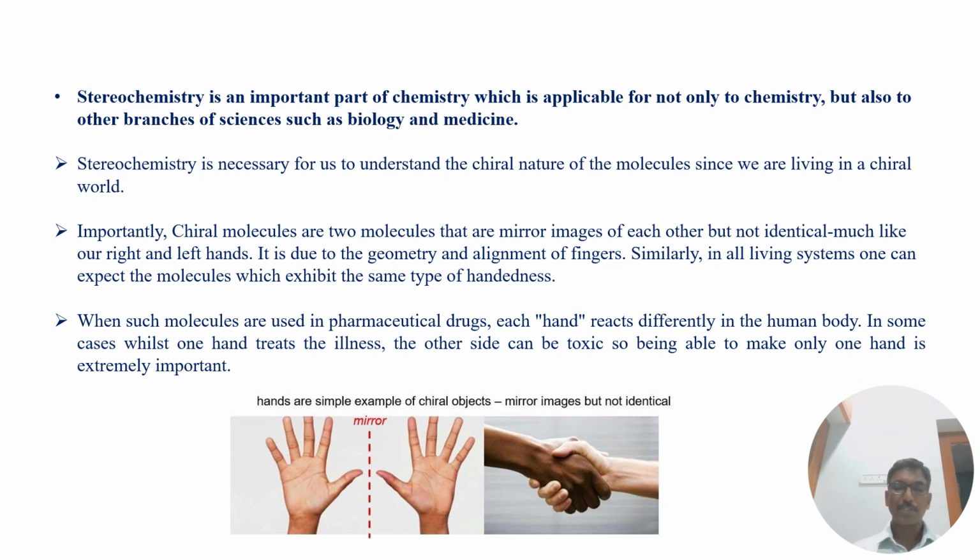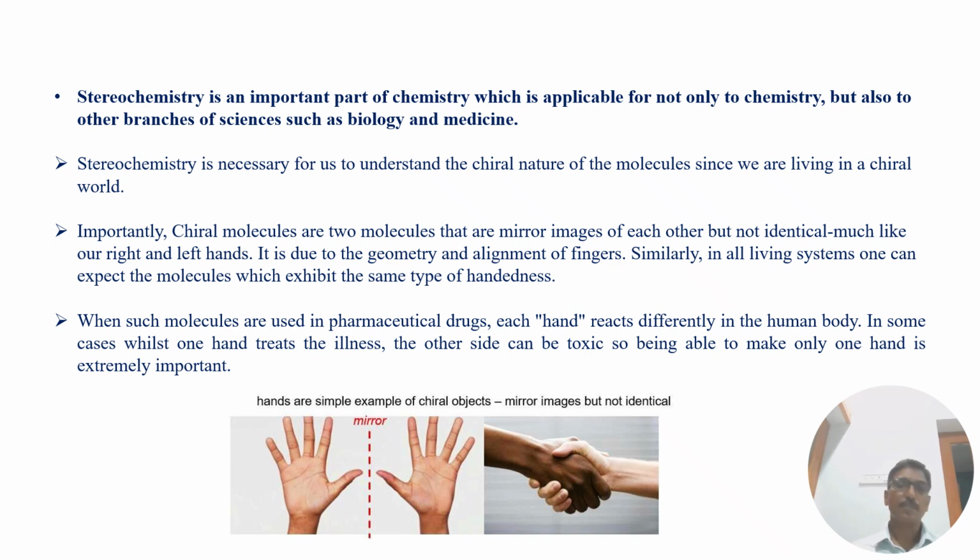Stereochemistry is a key part of chemistry with applications in biology and medicine, especially for understanding molecular shapes and behaviors. We live in a chiral world. Many molecules exist in forms that are mirror images of each other, called chiral molecules. Chiral molecules are like our hands, mirror images, but not superimposable due to their distinct 3D geometry.